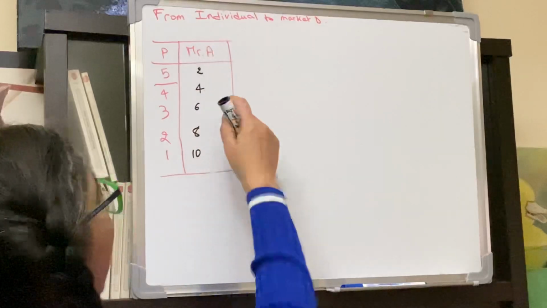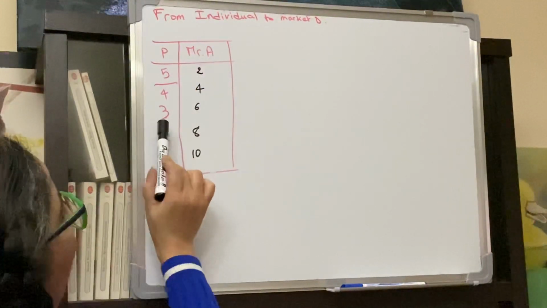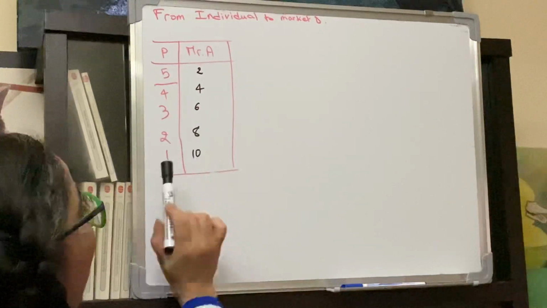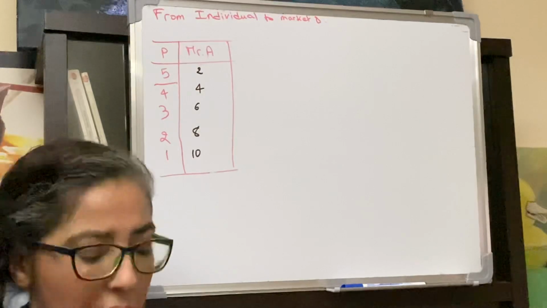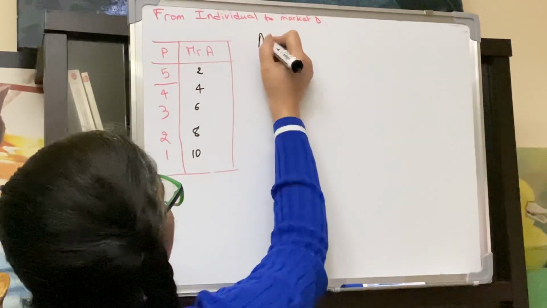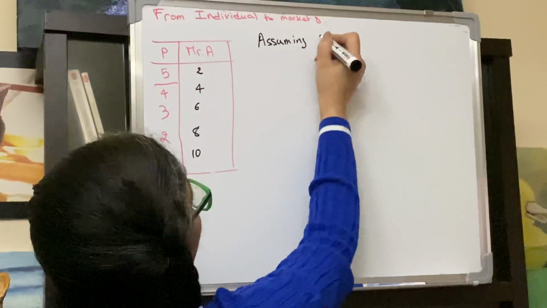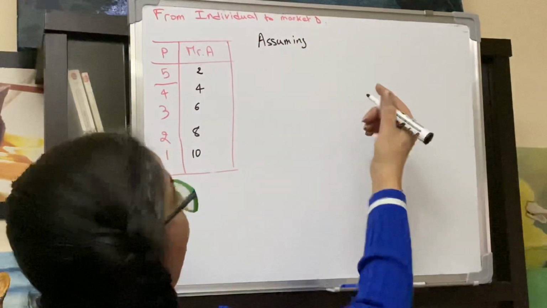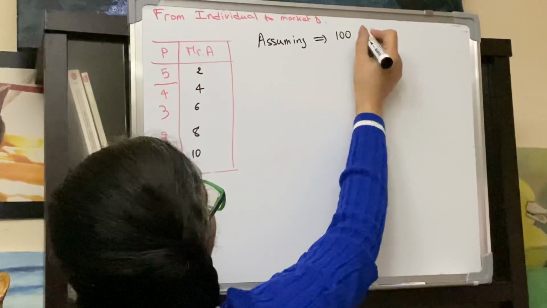I have Mr. A buys at price 5, 2, at price 4, 4, at price 3, 6, at price 2, 8, and at price 1 buys 10. Okay, assuming the market is made of 100 Mr. A's.